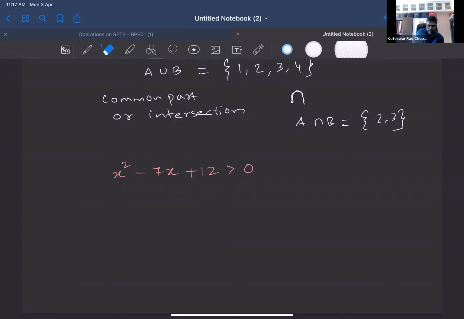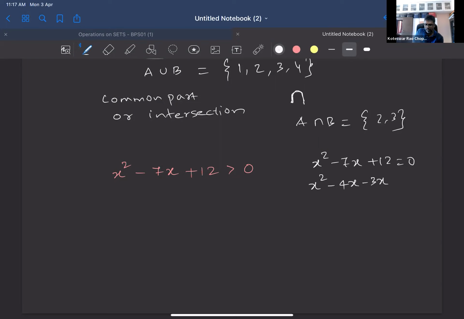So I will equate the left hand side to 0 first. If I factorize this, I know 12 can be broken down into 4 into 3, and adding 4 and 3, I get 7. So this is easily done: x square minus 4x minus 3x plus 12 equal to 0.